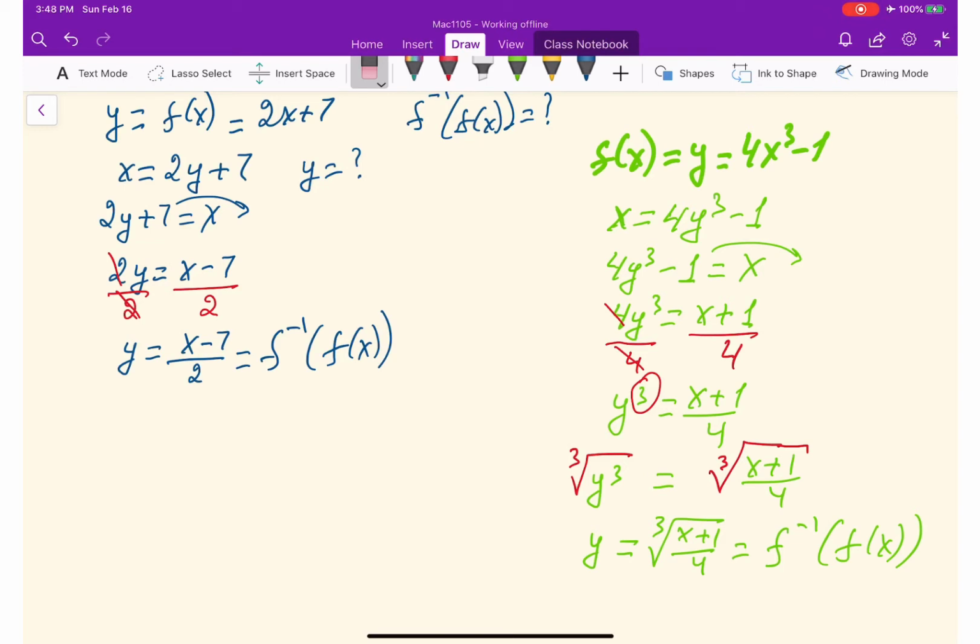So this is the function, cubic radical of x plus 1 over 4, and it is the inverse of 4x cubed minus 1.